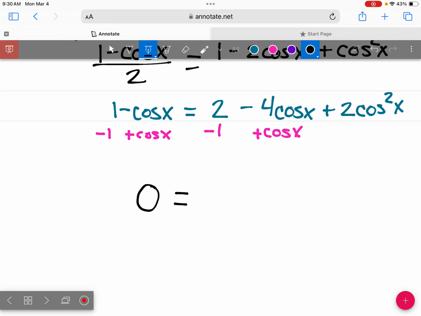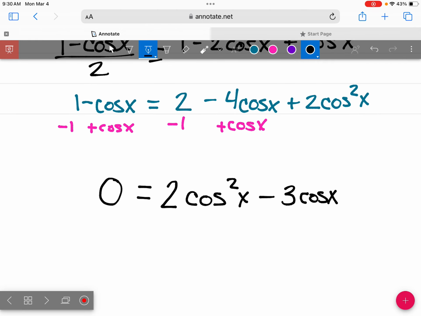I'm going to switch it just so that we can see it. Our 2 cosine squared x minus 3 cosine of x plus 1.